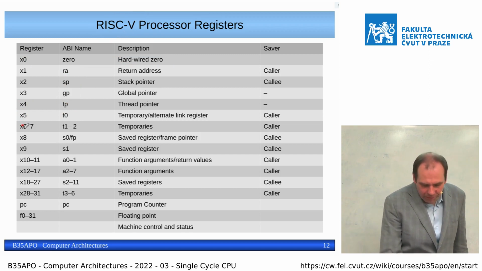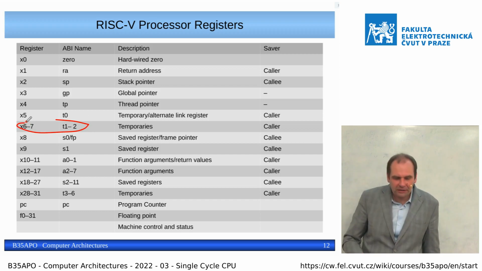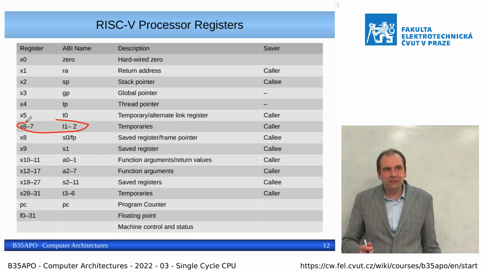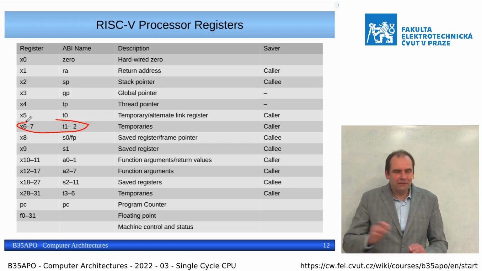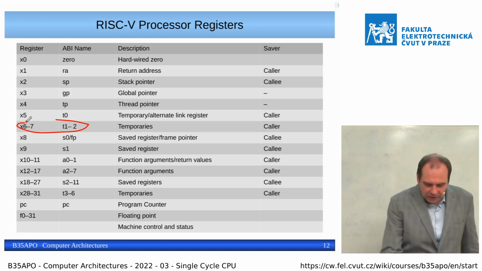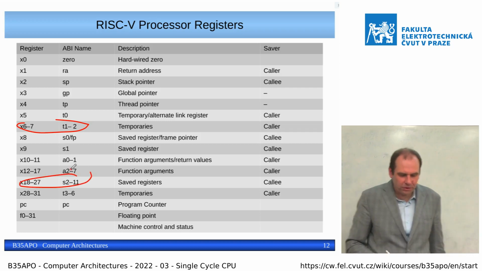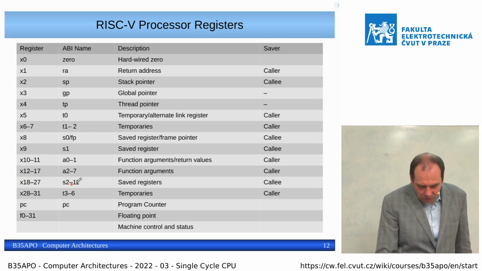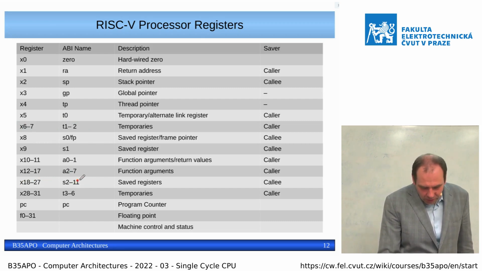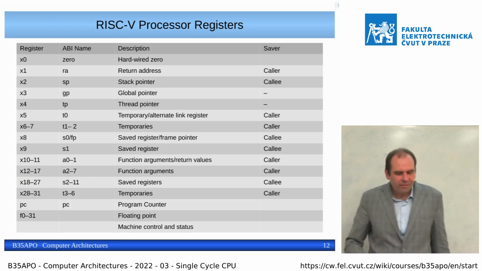Same, for example, for those registers which are called temporaries. Basically, those are the registers where you can store a value, and it is not preserved if you call some subroutine. Then there are registers which are preserved if you call the subroutines, so those are callee saved, and those are caller saved, and so on.